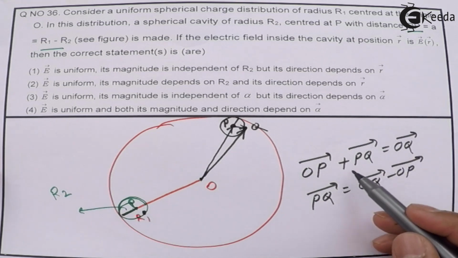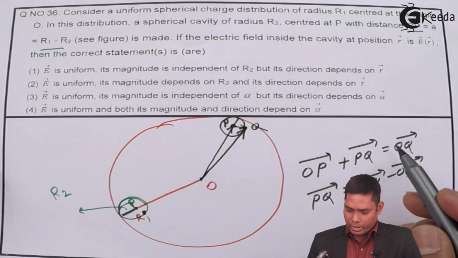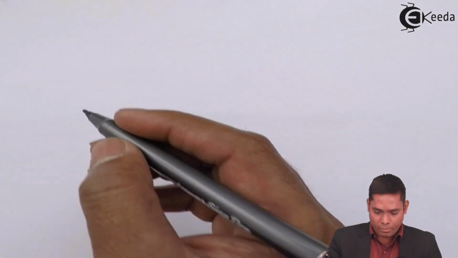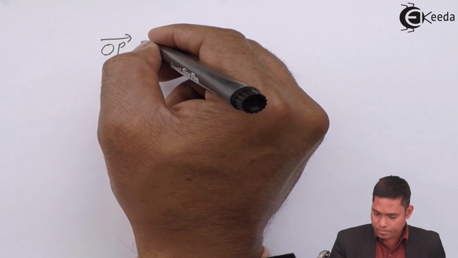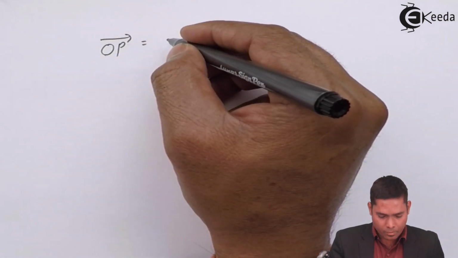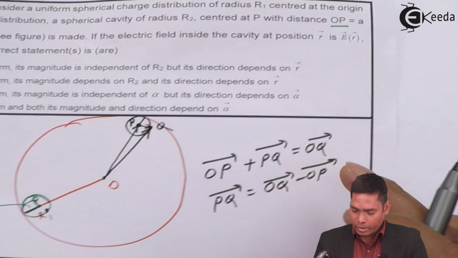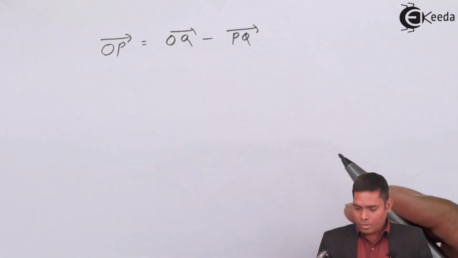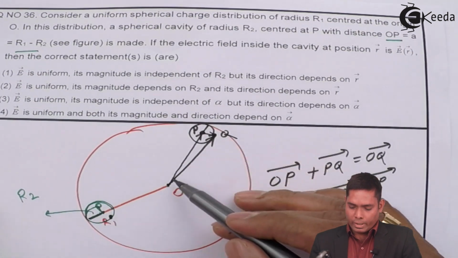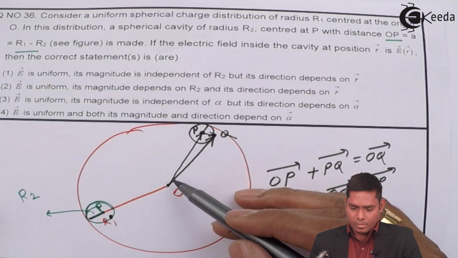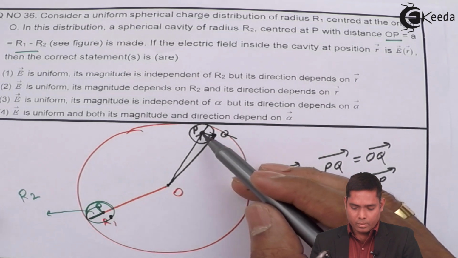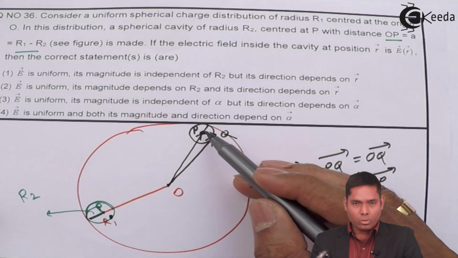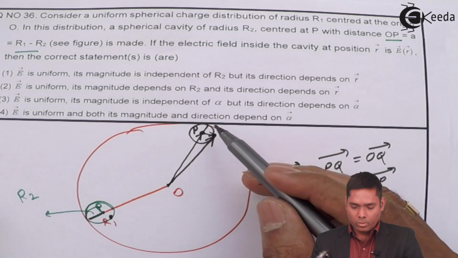So OP vector is a. Then the OP vector is the OQ vector minus the PQ vector, and the PQ vector has magnitude r2.